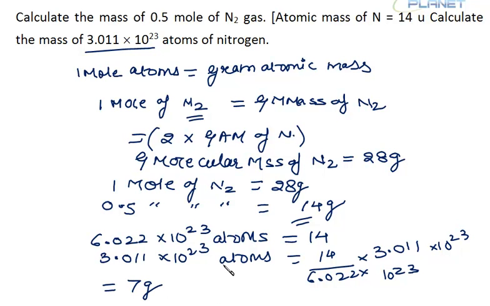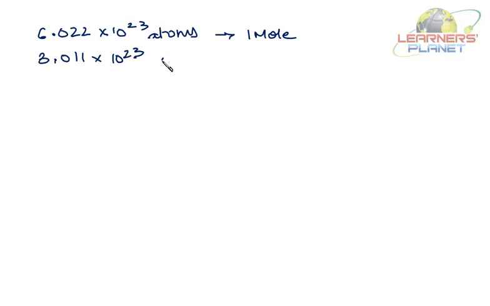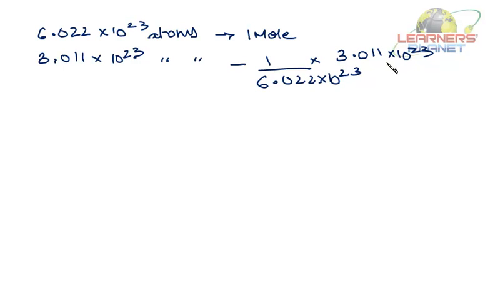You can just find out the number of moles from the number of atoms also. See, this 6.022 into 10 to the power 23 atoms make how many moles? 1 mole. Right? So 3.011 into 10 to the power 23 atoms will make how many moles? 1 by 6.022 into 10 to the power 23 multiplied by 3.011 into 10 to the power 23.